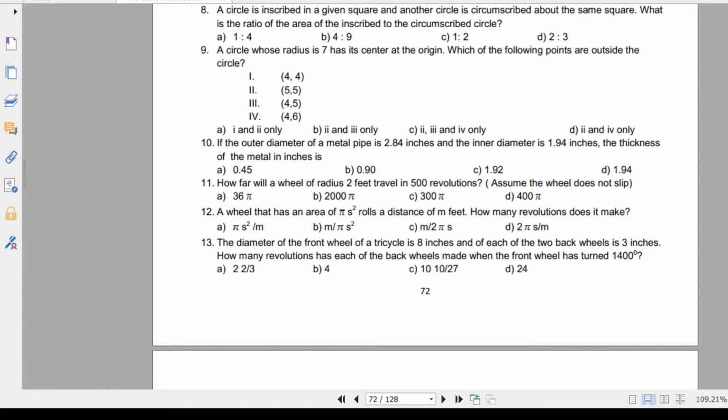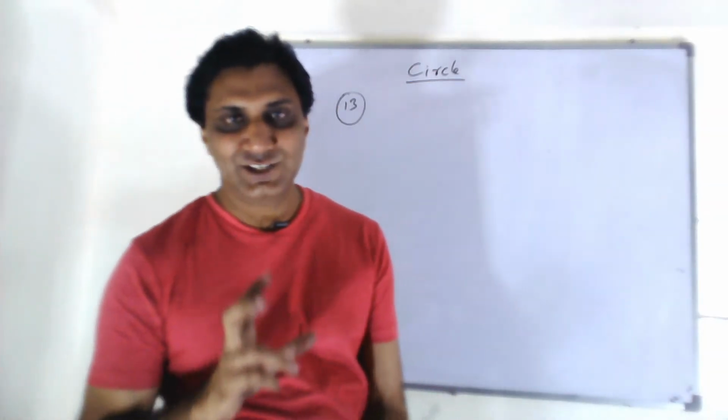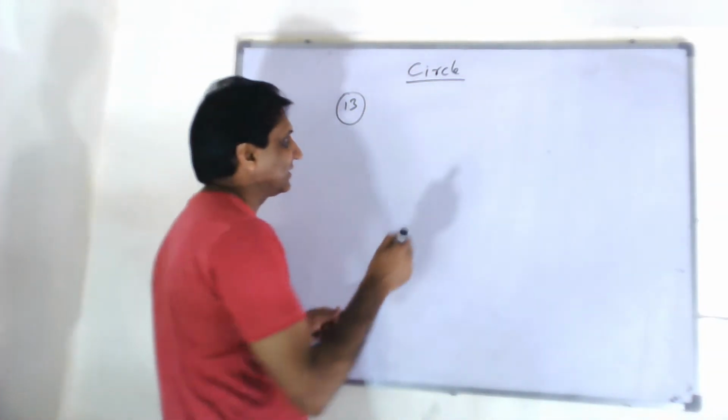Question 13. The diameter of the front wheel of a tricycle is 8 inches and each of the two back wheels is 3 inches. How many revolutions has each of the back wheels made when the front wheel has turned 1400 degrees? So the front wheel is 8 inches and the back wheels are 3 inches.